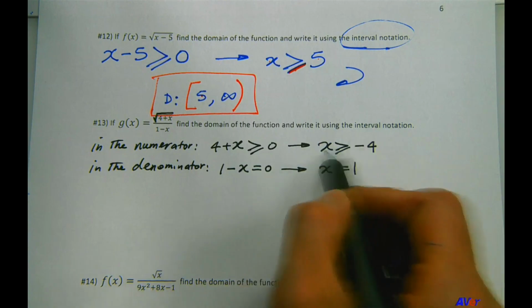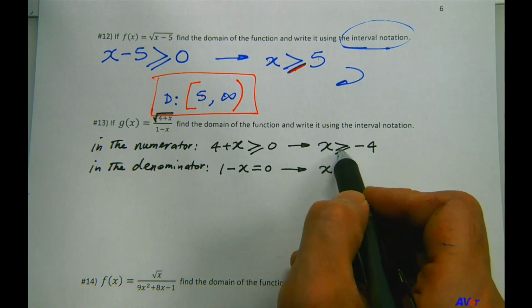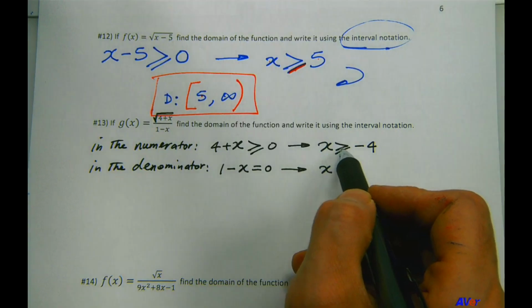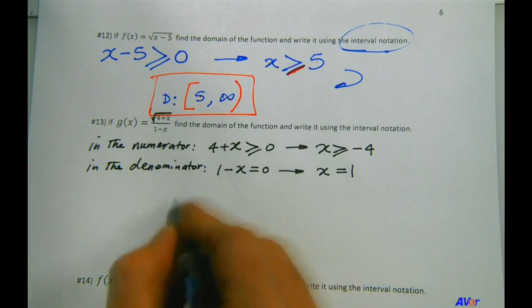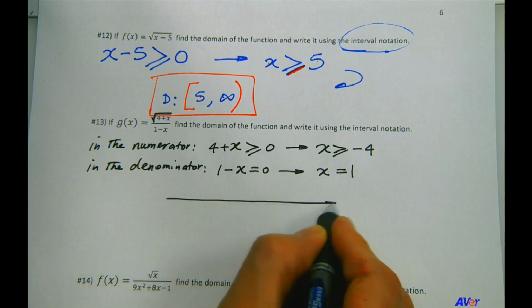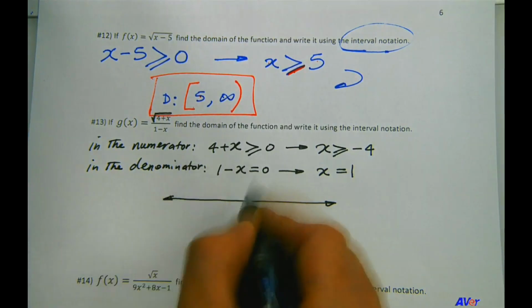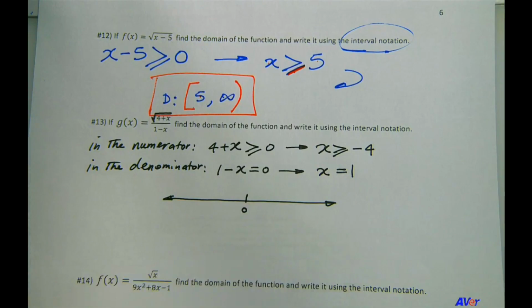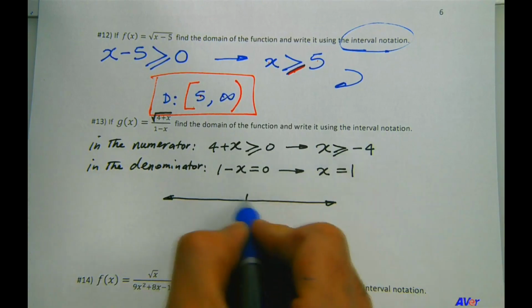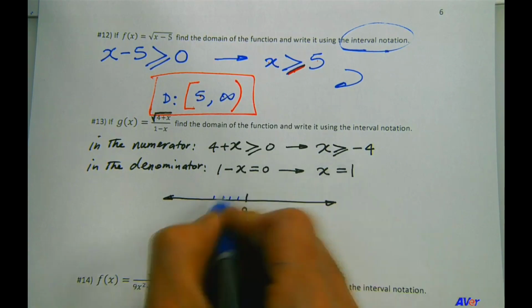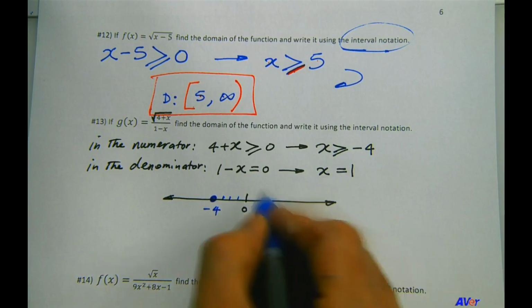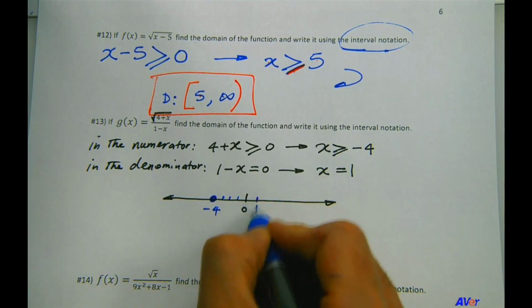But if you look at what the numerator is saying, the numerator is saying, oh, 1 would be fine. I mean, let's graph these. Let's graph both the numerator and the denominator values. So x equals -4, like that, and x equals 1. Right there.